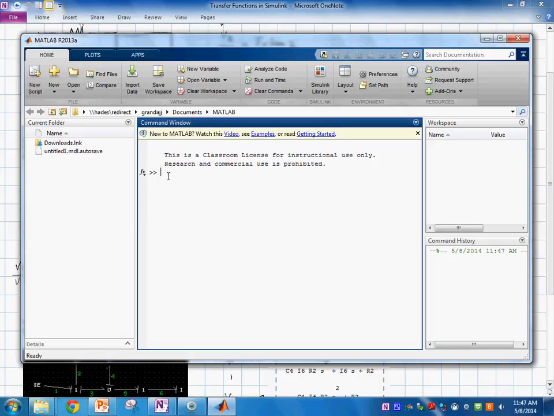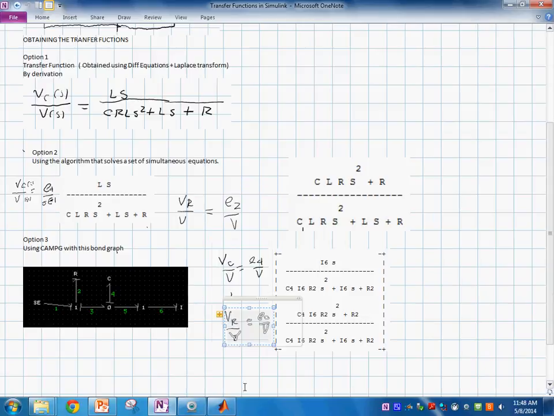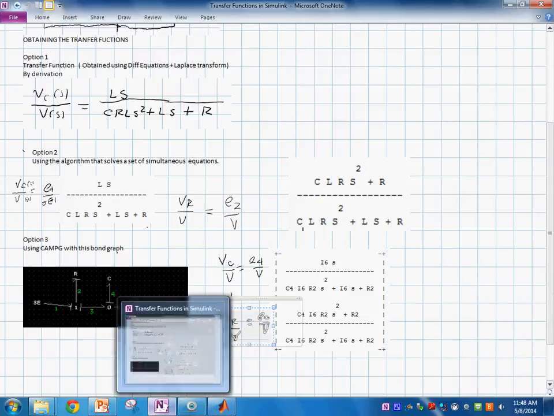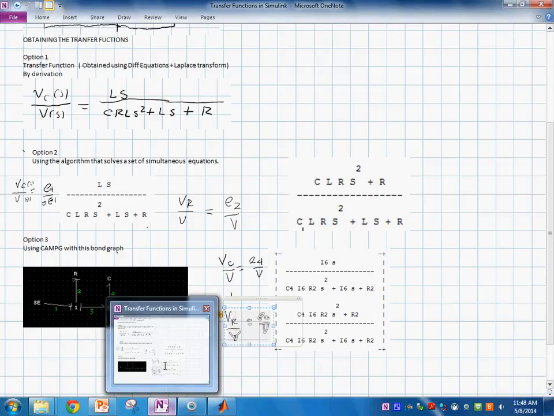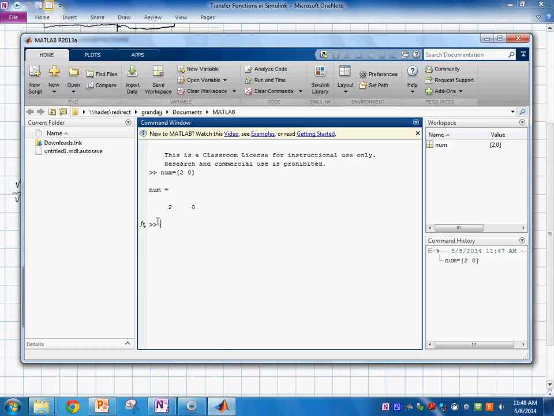And then we say, okay, how about if I enter a transfer function such that the numerator is equal to, I think it has a power of s, so I'm going to put a 2 and a 0 here. This one has 3 terms. So I am going to enter a value there just for the sake of example. Okay, here we go. Denominator.